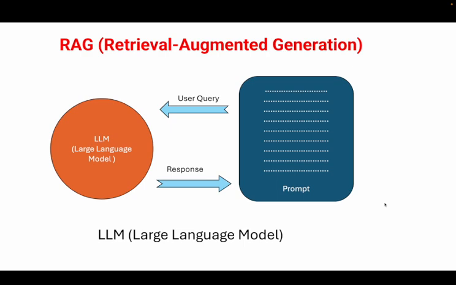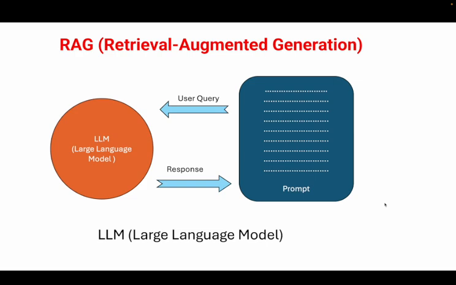Yes, we do, because a large language model works based on the data it has been fed on. Whatever data set it has, it will generate the response based on that data only.